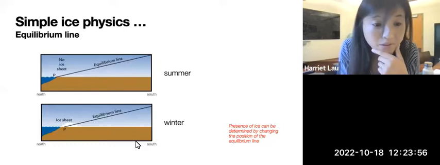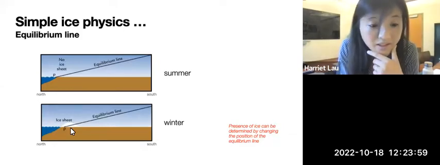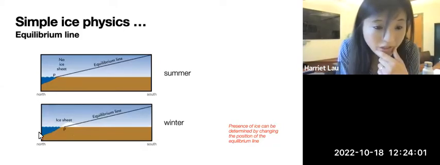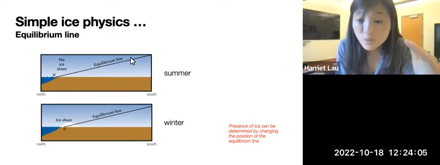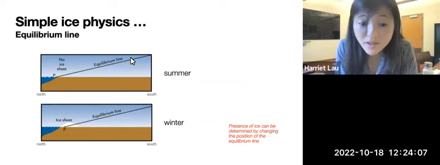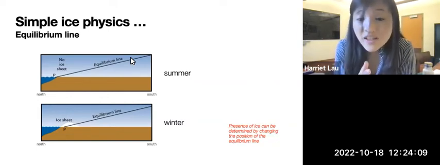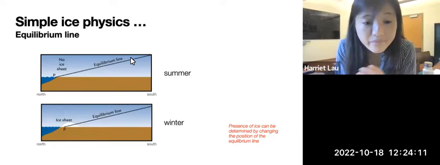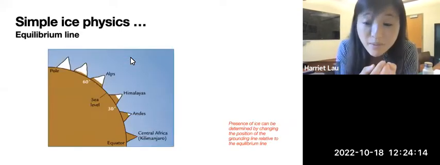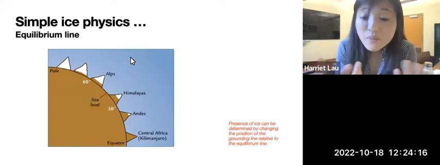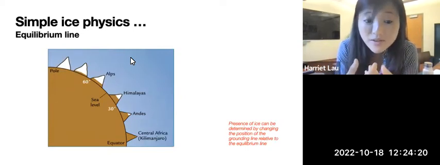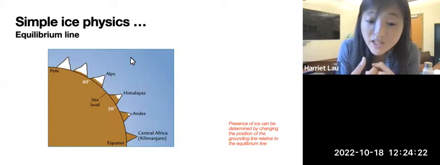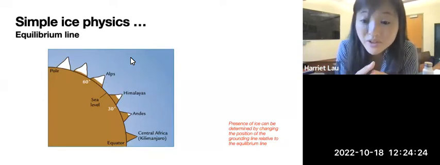If we pretend that this schematic depicts the North Pole, where we have the Arctic Ocean here, the equilibrium line shifts between summer and winter. In the summer, it's such that no ice sheet is able to form. The other way to determine the presence of ice is rather than moving the equilibrium line, you can move relative to it. So the presence of ice can be changed if you increase or decrease your altitude.